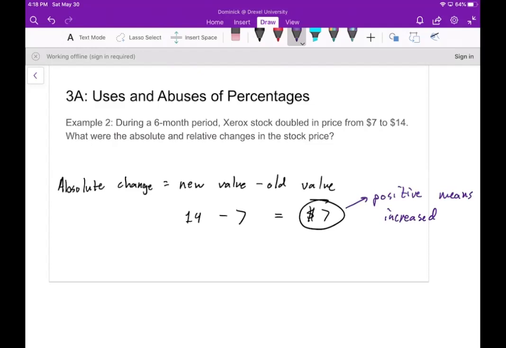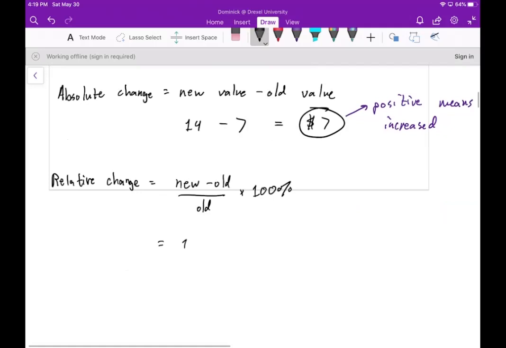Okay, now for the relative change, we need to do new minus old over old times 100%. And in this case, new is 14, old is 7, over old is still 7, so multiplied by 100%.